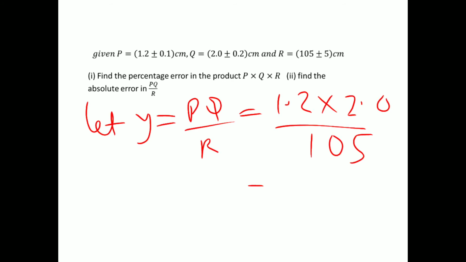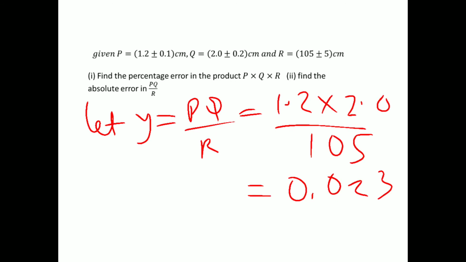So if we perform that, we have 1.2 times 2.0 divided by 105. We are having 0.023. Okay, so that's my value for y.